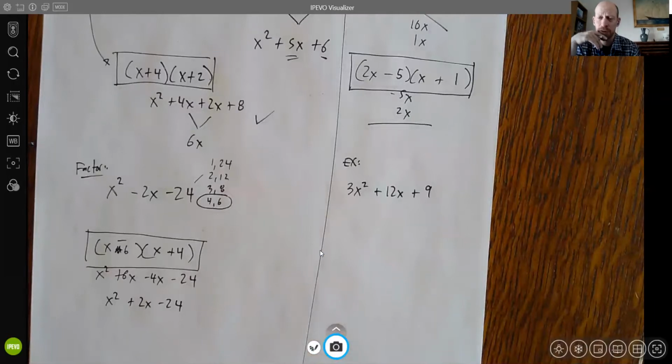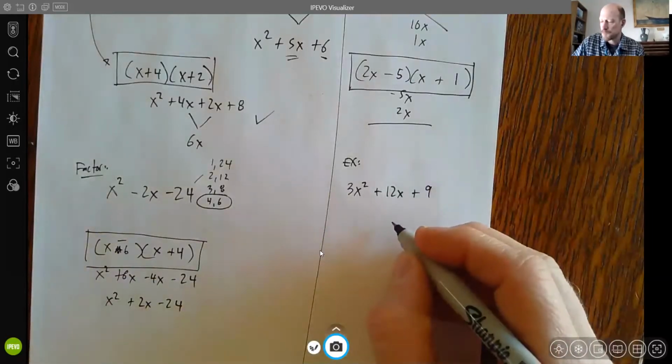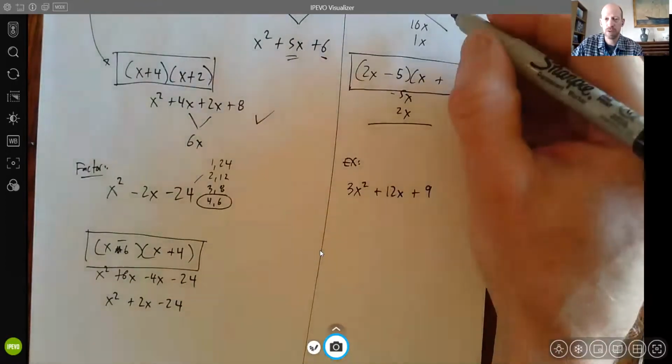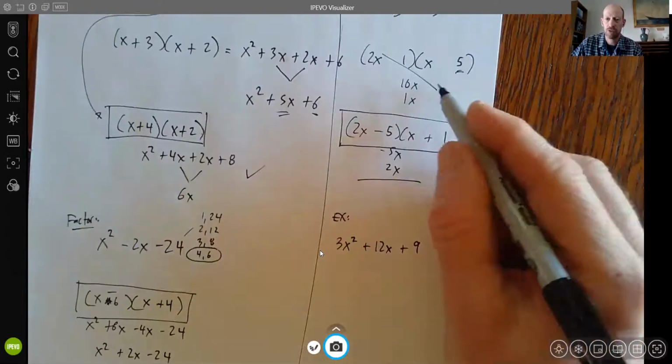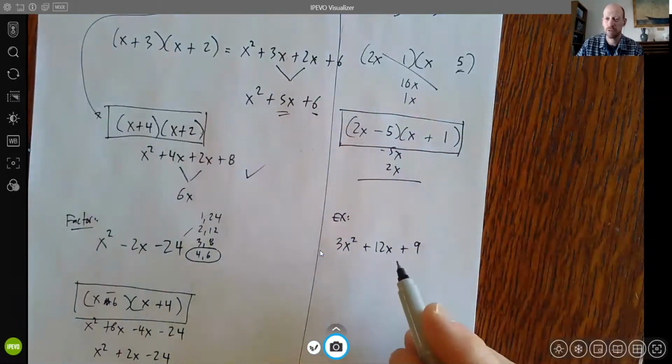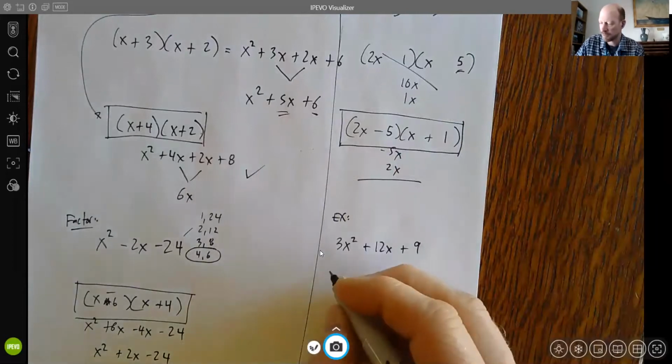So I don't know because I can't see you at home, right? But hopefully some of you are starting to think about how to factor this. It's not a bad approach if you thought that this would be two binomials kind of like this one. It seems very similar to the one we just did. However, that's actually not the right approach here.